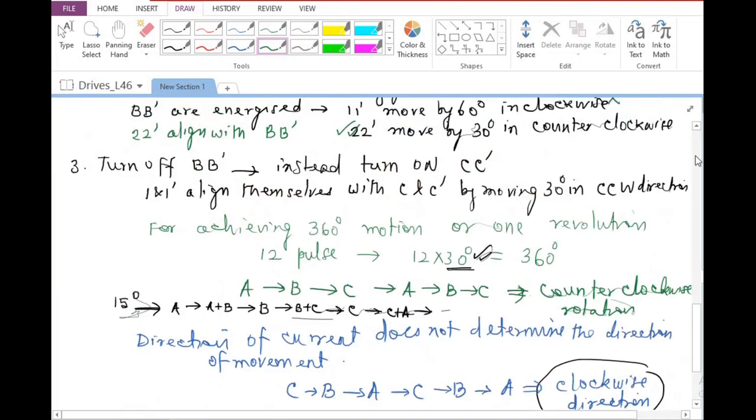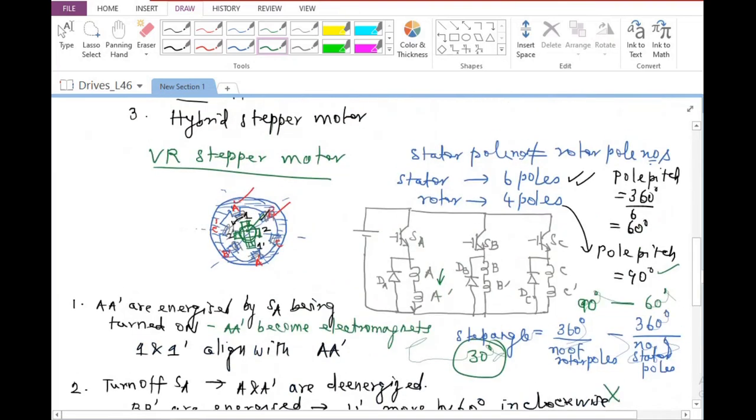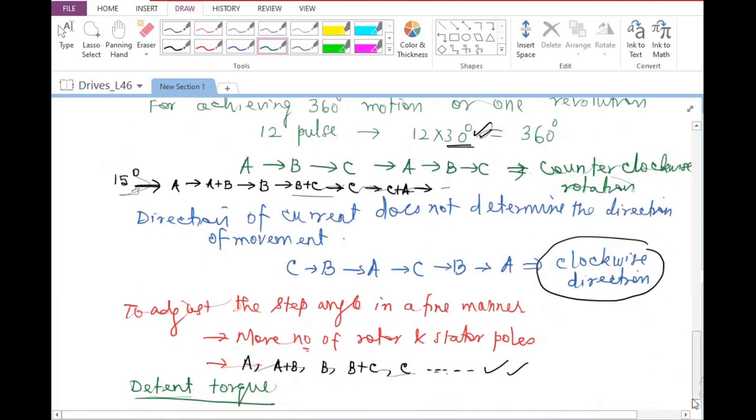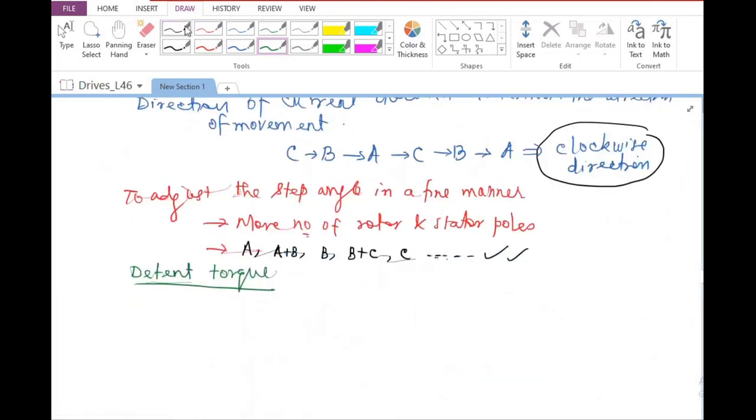On the other hand, if either the rotor or the stator has a magnet, because all the portions are made of iron, it will be automatically attracted to the closest pole. There is no permanent magnet here. There is no retention of magnetism here. That is the reason why there is no detent torque.